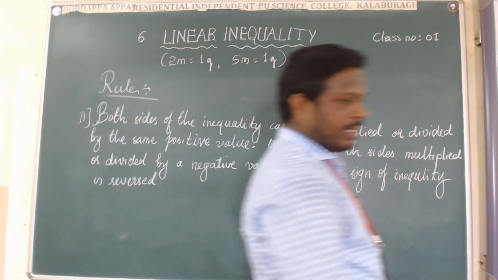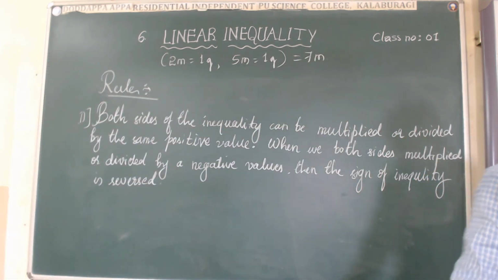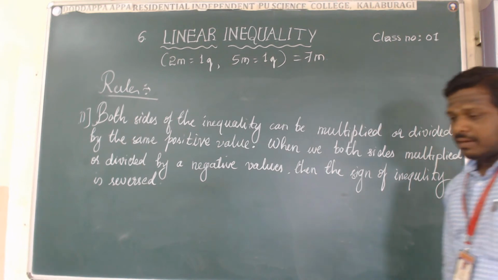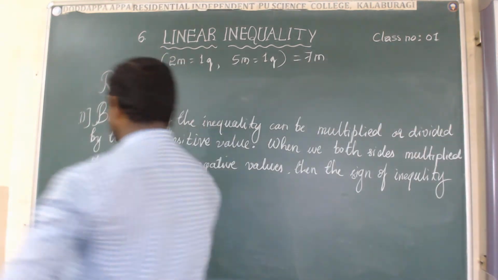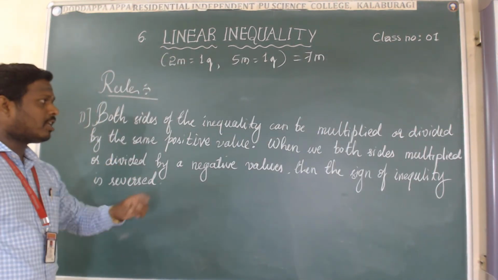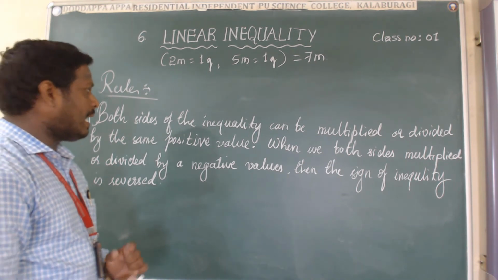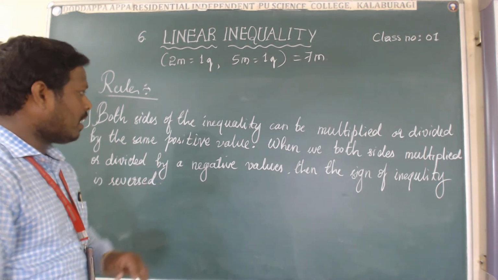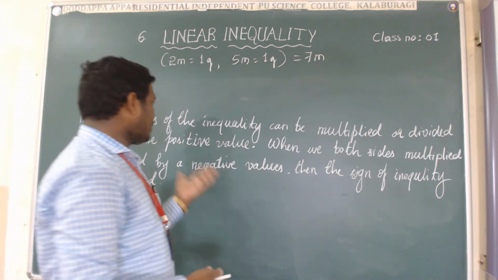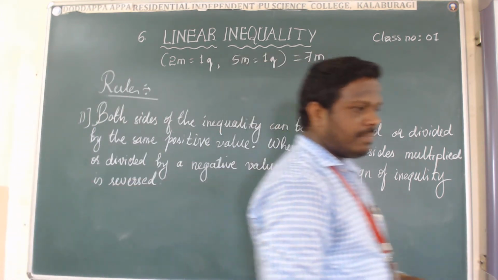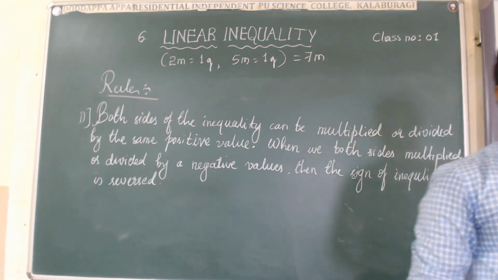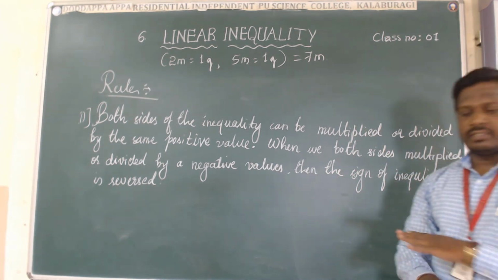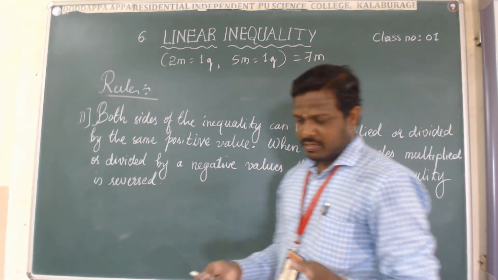Let us understand the meaning of the second rule here. Both sides of the inequality can be multiplied or divided by the same positive value. We can multiply or divide by the same positive number, then the sign of inequality does not change, is not reversed.